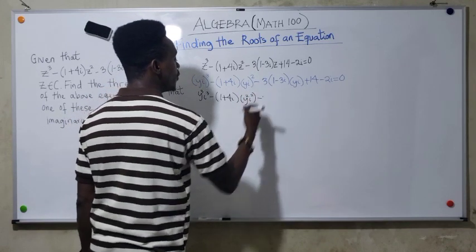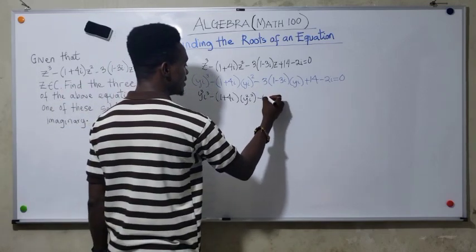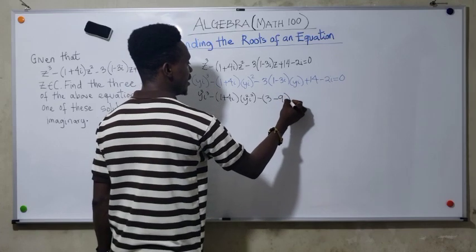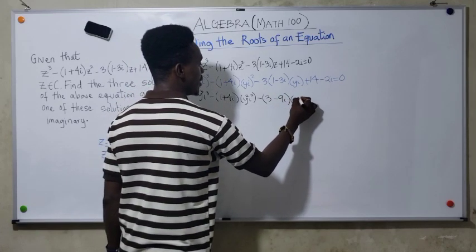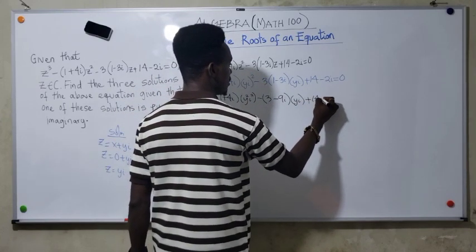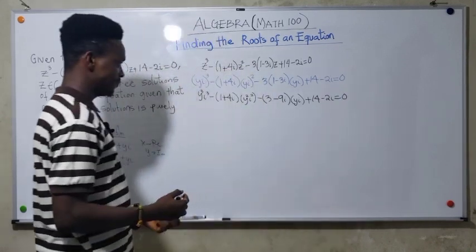Minus, we multiply the 3 by the parentheses: minus 3 times 1 is minus 3, and minus 3 times minus 3i is plus 9i, multiplied by y, plus 14 minus 2i is equal to 0.